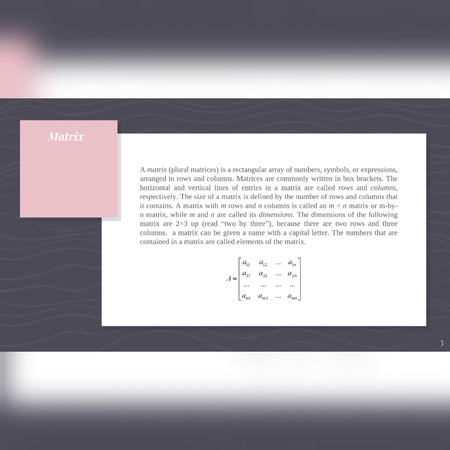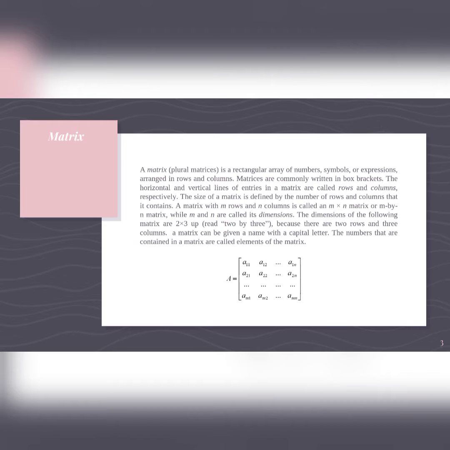The size of the matrix is defined by the number of the rows and columns that it contains. A matrix with m rows and n columns is called m by n matrix, while m and n are called its dimension.